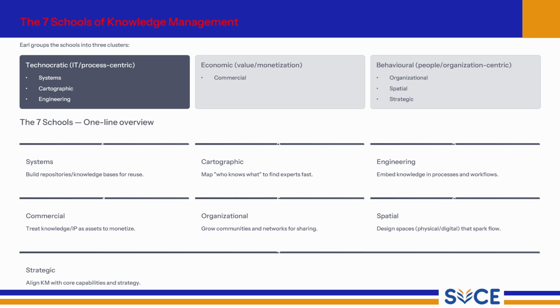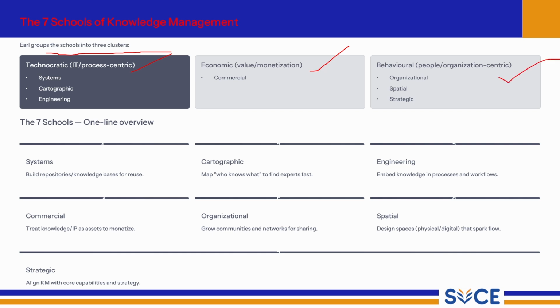Here, Earl groups the schools into 3 clusters. Number 1 is technocratic, number 2 is economic, value or monetization, and the third one is behavioral, people and organizational centric.